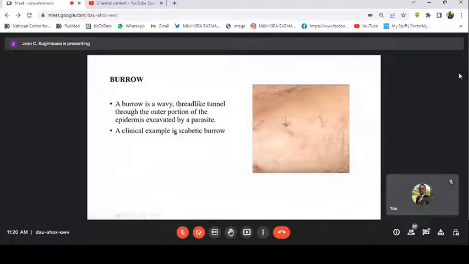A burrow is like a tunnel through the outer portion of the epidermis excavated by parasites.